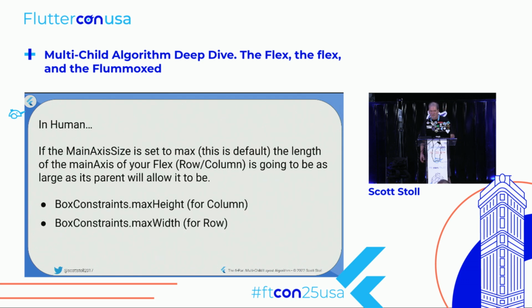In human, if the main axis size is set to max, this is the default, then the length of the main axis of your flex, row or column, is going to be as large as its parent will allow it to be. That's basically it. If it's set to max, it's going to take up the max that the parent will allow it to be. So box constraints dot max height for a column and box constraints max width for a row.